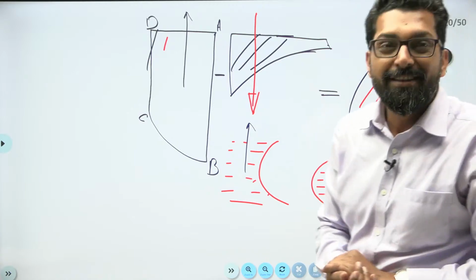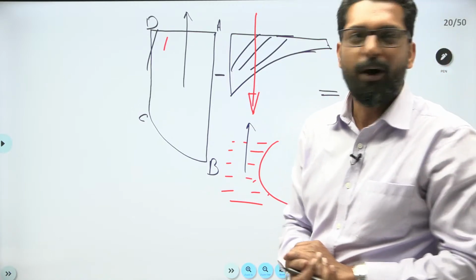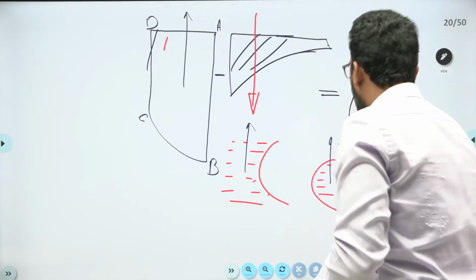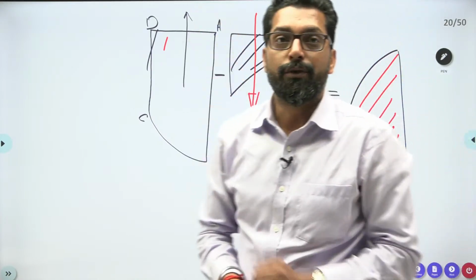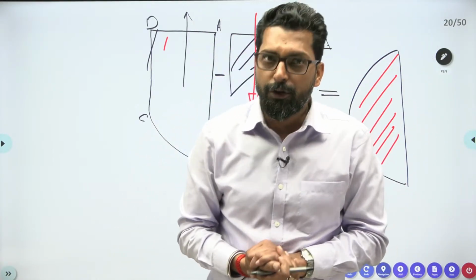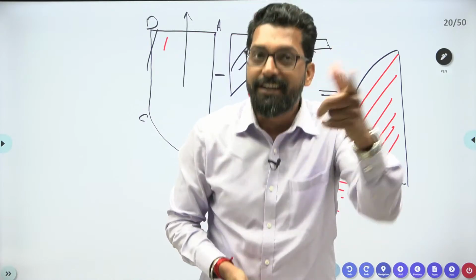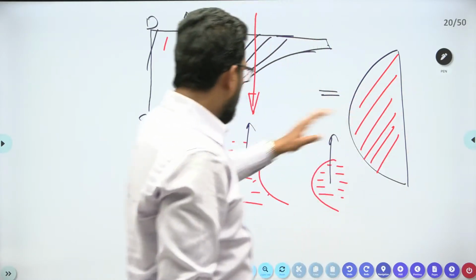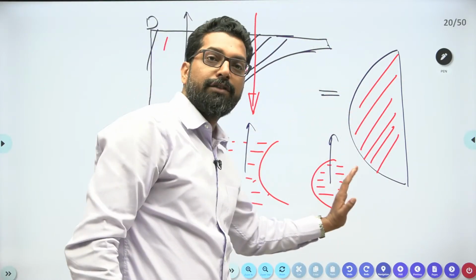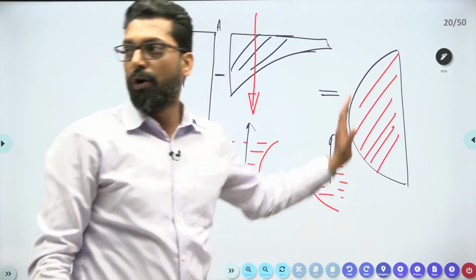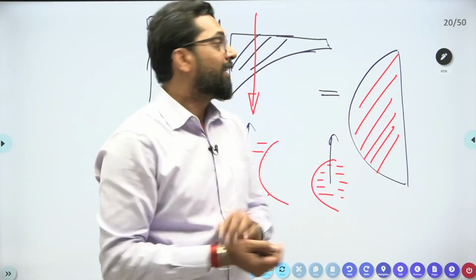That is called the buoyancy effect. So in this case, ultimately, this is the buoyancy force. Buoyancy force is the net hydrostatic force in the vertical direction. Either the fluid outside the curve or inside the curve, the net force is in the vertical direction.